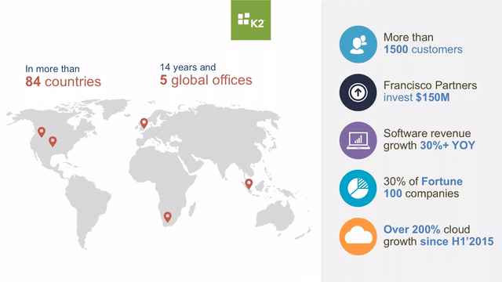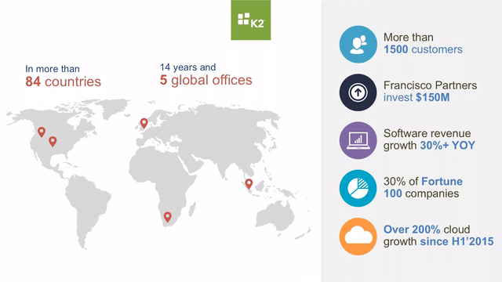We handle the German-speaking area, parts of Scandinavia and parts of Eastern Europe, with our headquarters in Munich. So if you are looking for contacts at K2, make sure you look in the right region, and you will find a person to address subjects directly.